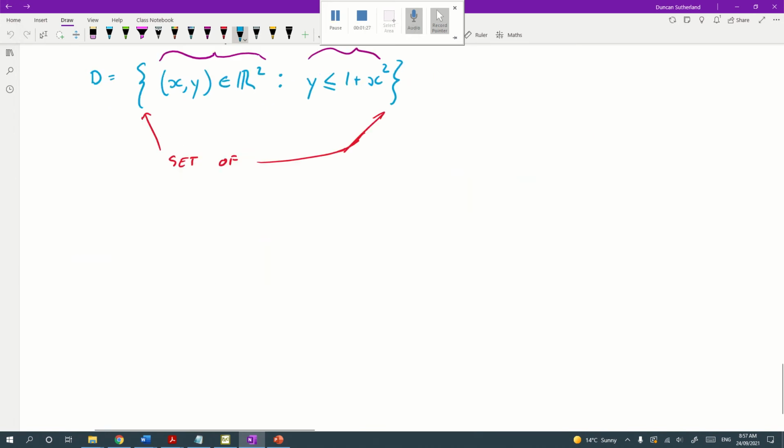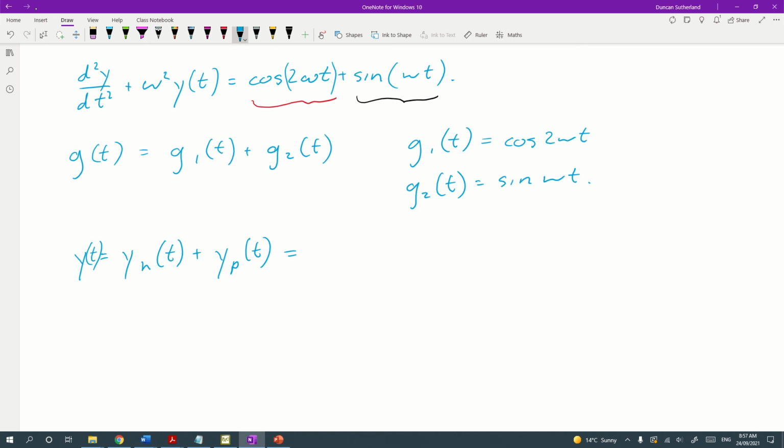But the particular solution is going to include contributions from g1 and g2. So in this case, because this right-hand side is additive like this, we can write y_h plus y particular part 1 of t, plus y particular part 2 of t, right?